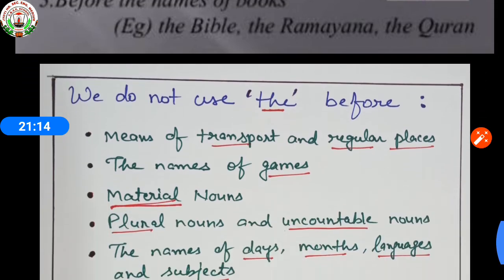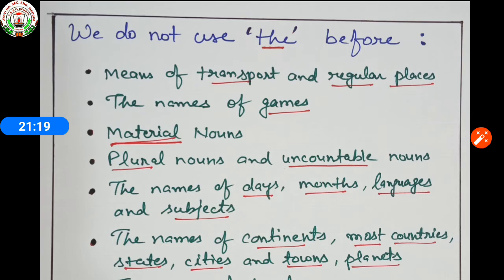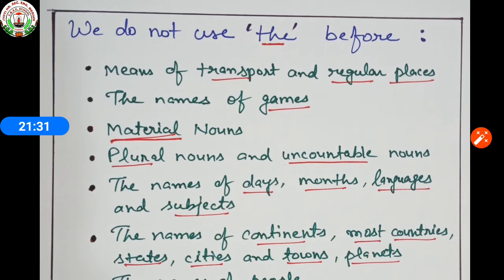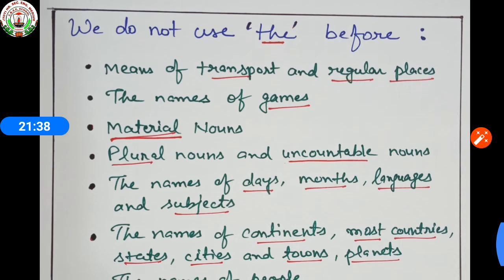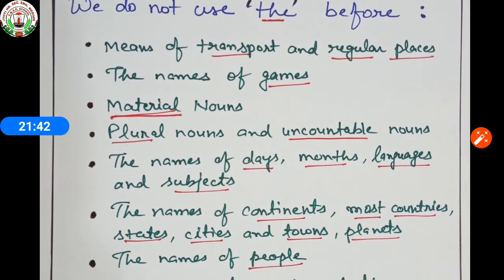But we do not use the before means of transport and regular places. We do not use the before the names of games like cricket, football, etc. We do not use the before material nouns. We do not use the before plural nouns and uncountable nouns.